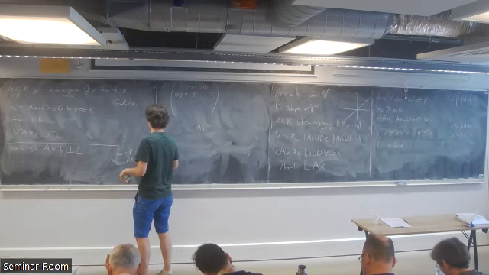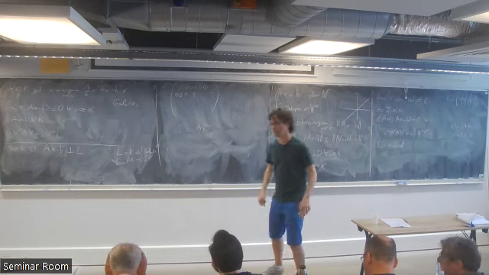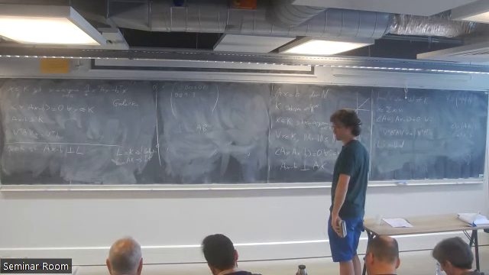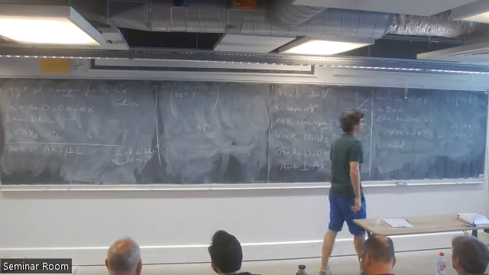If L is equal to AK, this is least squares. It's a variance minimization.